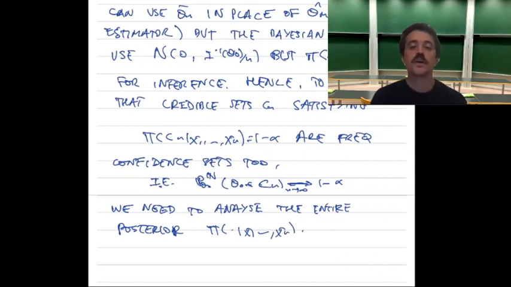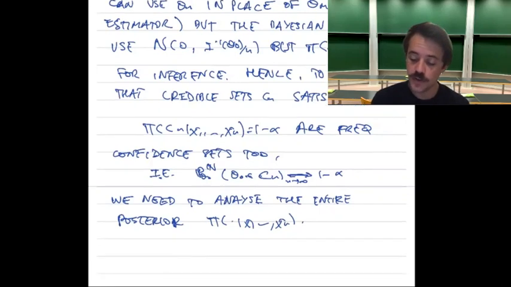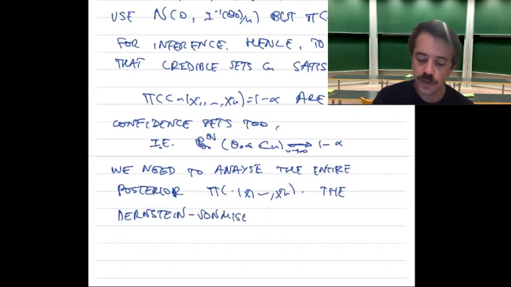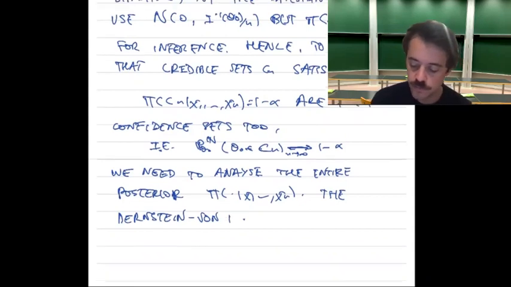Okay. So then we end just by mentioning the Bernstein-von Mises theorem, which is what we will concentrate on in the next lecture. So the Bernstein-von Mises, so there's two people here, and von Mises is separate from von Mises. Theorem.